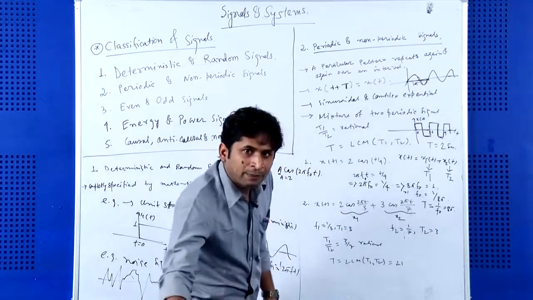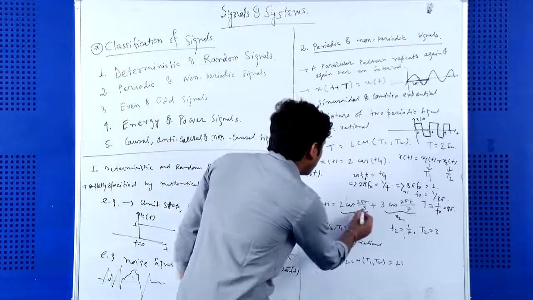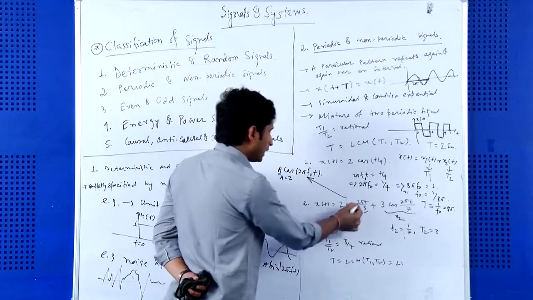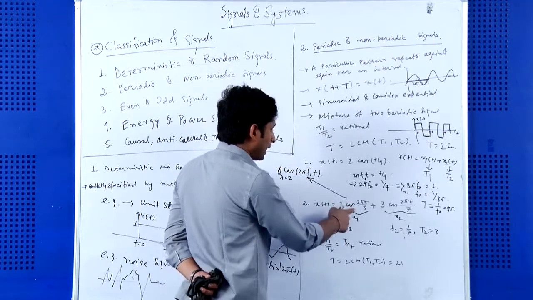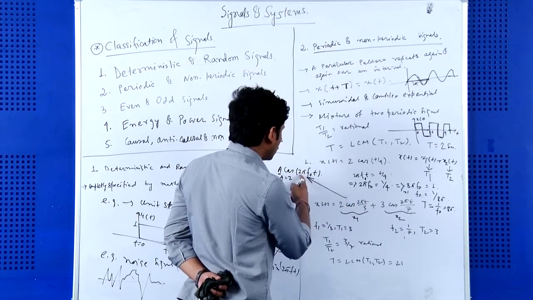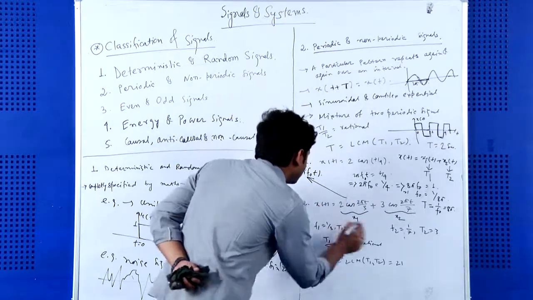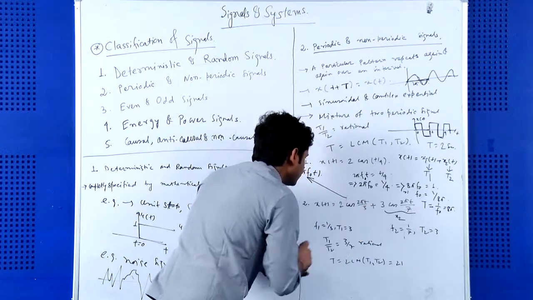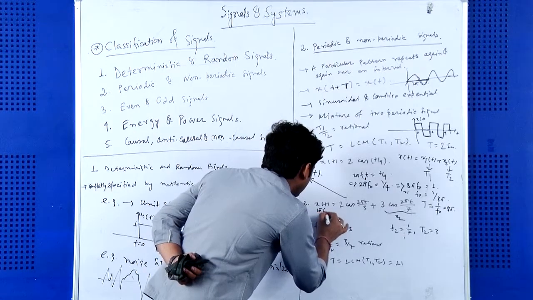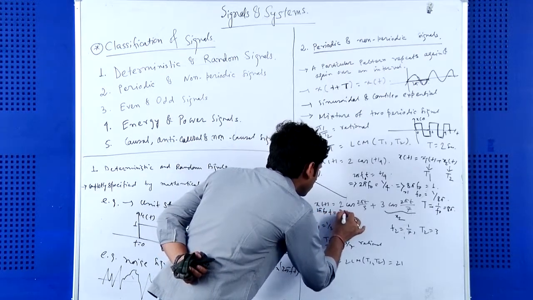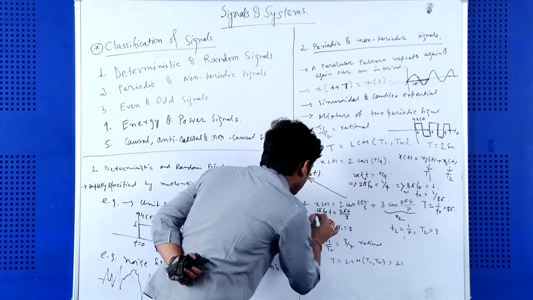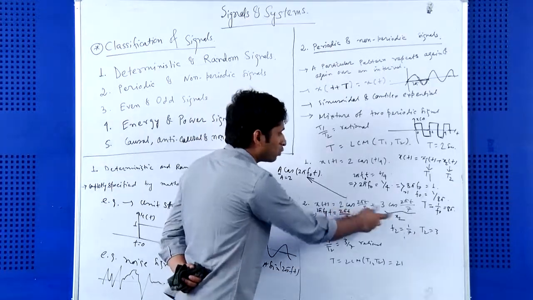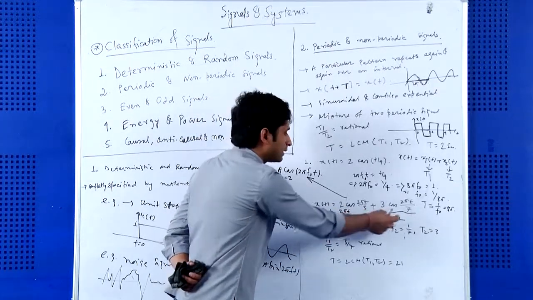Like the previous procedure, if I compare this signal with the standard one, I can find A equal to 2, and 2 pi t/3 equal to 2 pi f naught t. Here, instead of f naught I am writing f1, as the signal consists of two parts, x1 and x2.